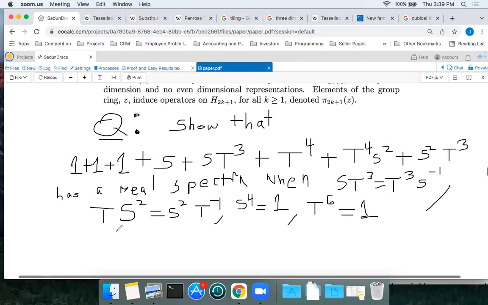And for a unitary, what does that mean? S inverse is the complex conjugate for finite dimensional unitary representations. So this is equivalent to the conjecture that it has a real spectrum, which was observed numerically by Sadun, Weirin, and that little dragon.